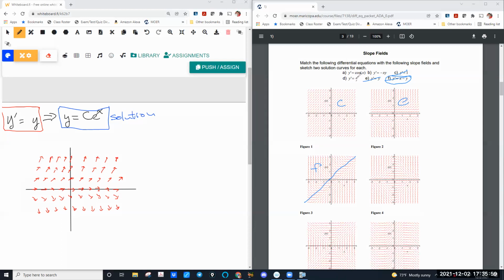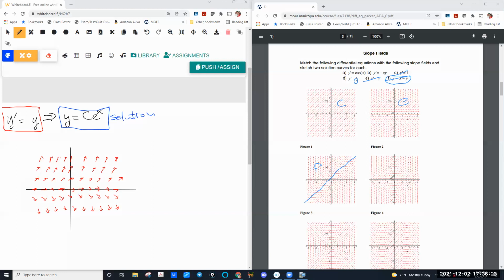When x is 0, we should get horizontal slopes. Okay, so along the y-axis, we get horizontal slopes. But notice that y is in the denominator here. When y is 0, we should get undefined slopes. So we should get vertical lines along the x-axis.